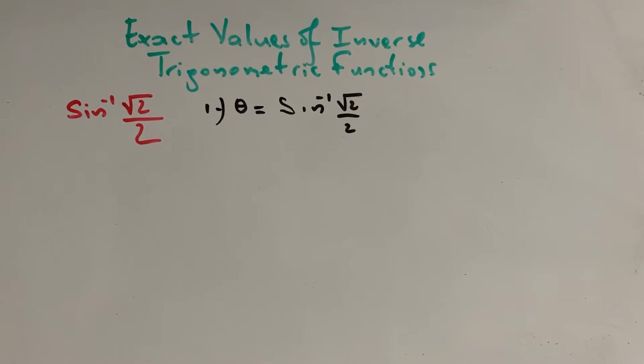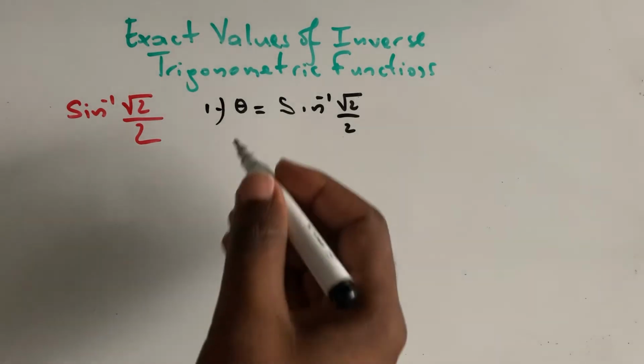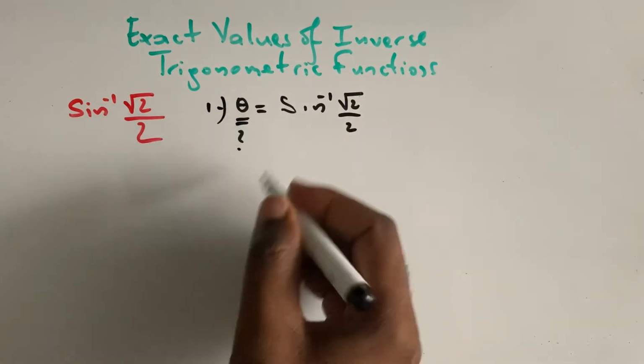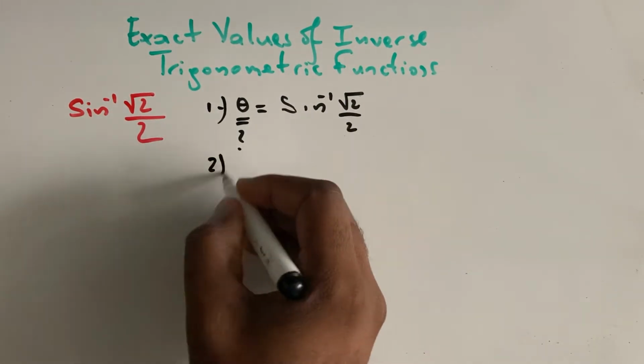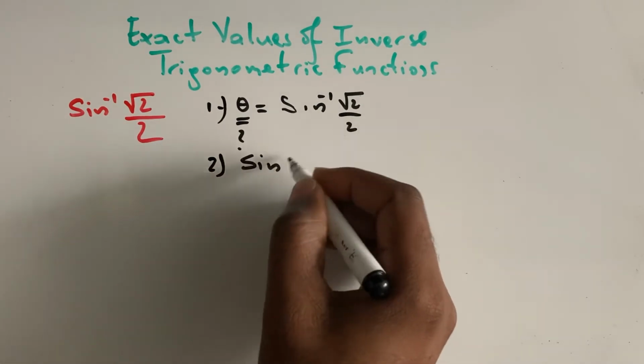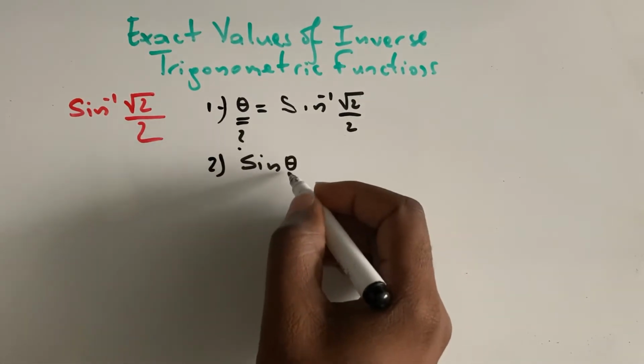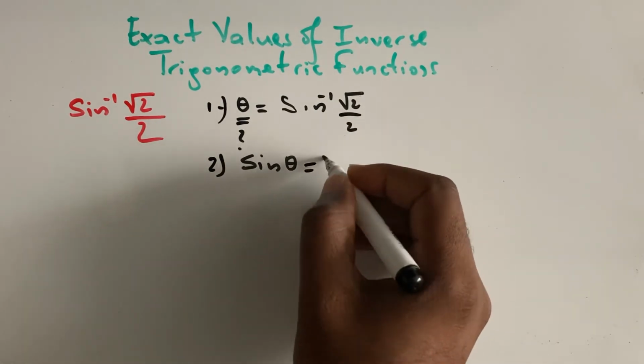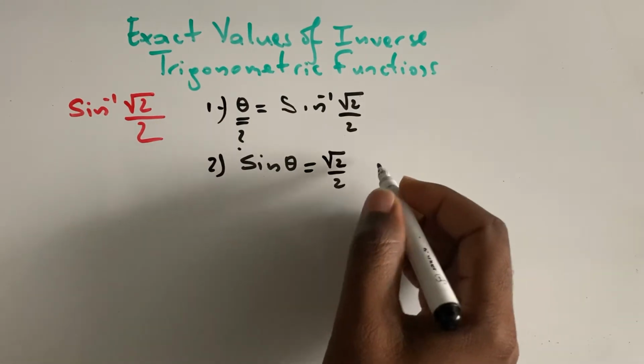Once you get that, what you really need is to find the angle theta whose sine is square root of 2 over 2. In other words, you need sine theta equal to square root of 2 over 2.